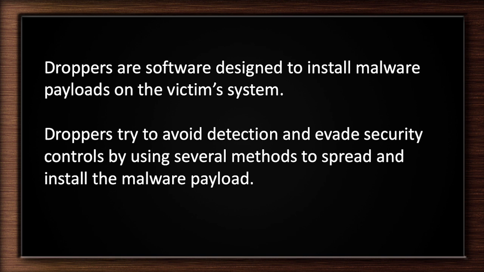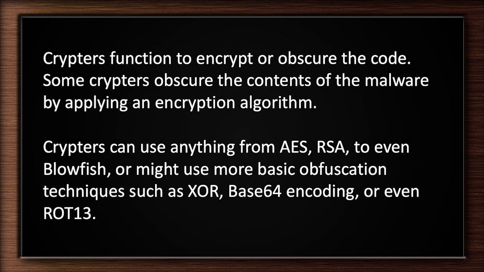Another concept is droppers, and droppers are software designed to install malware payloads on the target system. Basically, they try to avoid detection and evade security controls by using several methods to spread and install the malware payload. Now, cryptors are another concept that I want to share with you. Cryptors are pieces of functionality in malware whose main purpose is to encrypt and obscure the code, or also obfuscate the techniques, right?